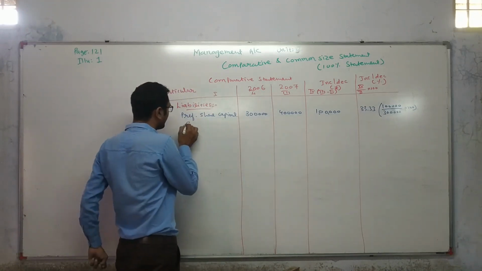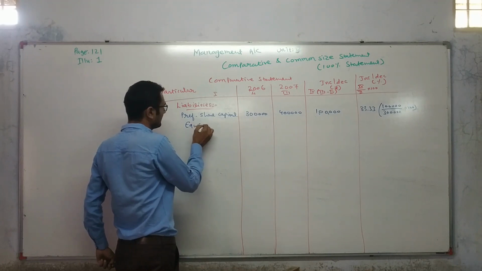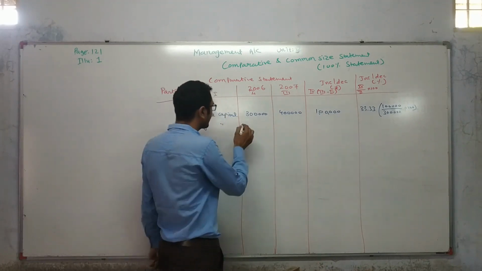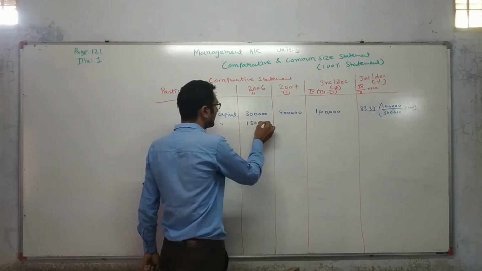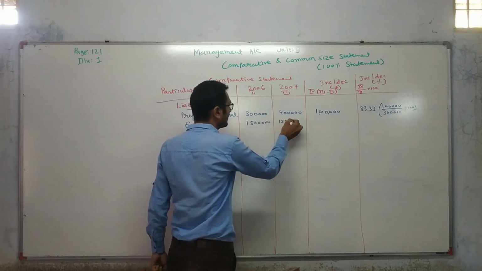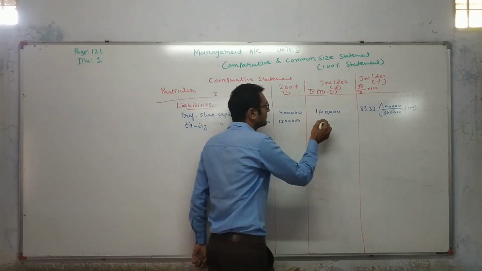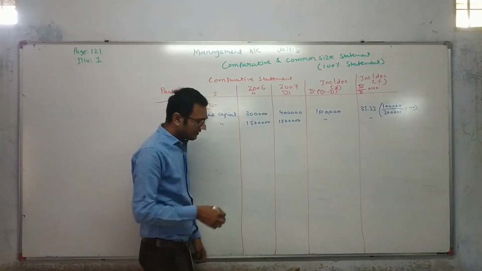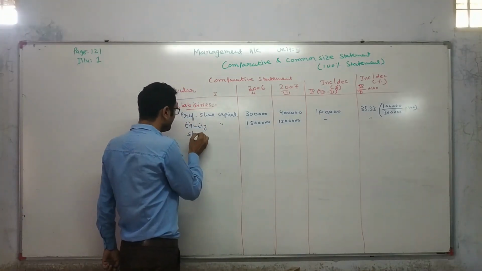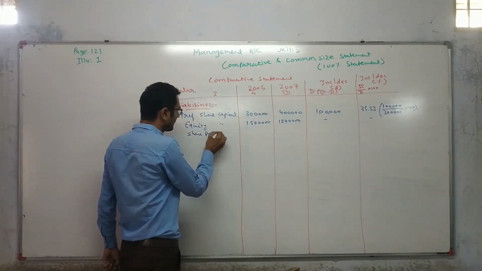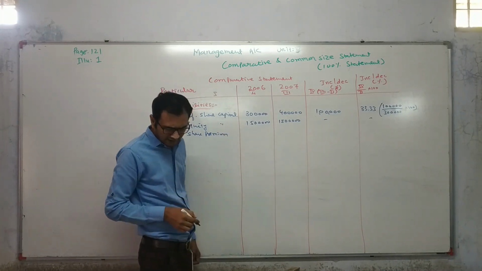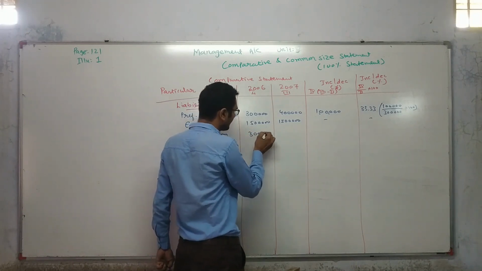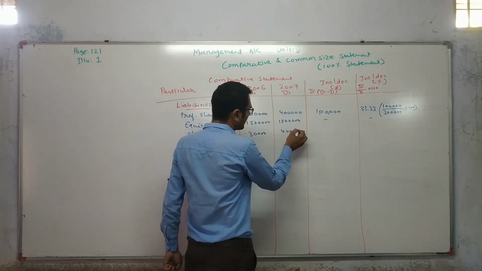Second is equity share capital. Now equity share capital is given 15 lakh and 15 lakh. That means there is no increase or decrease. And share premium. Now in case of share premium, 30,000 and 40,000.